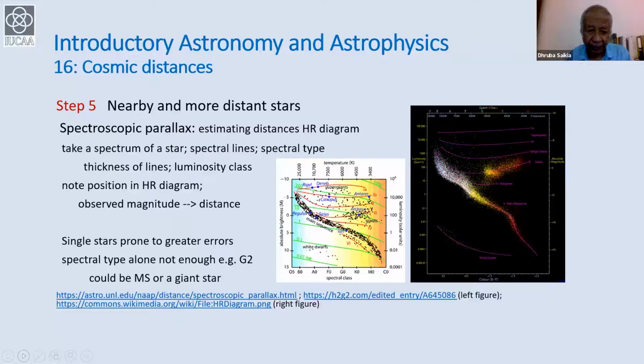Now, for example, suppose I had a calibrated Hertzsprung-Russell diagram. Here is given luminosity versus the color. Or this can also be the spectral type of the star, which we will also discuss a bit more when we discuss stars. But as an example, let's take a G2 star over here.